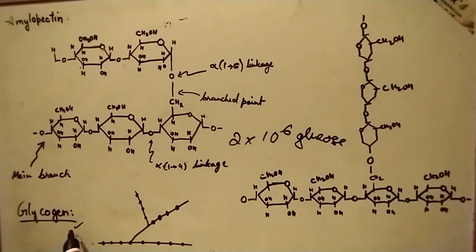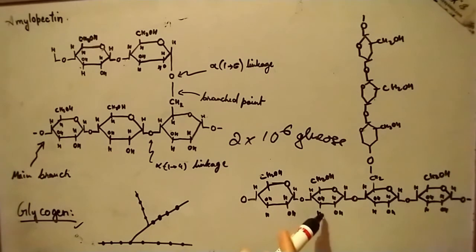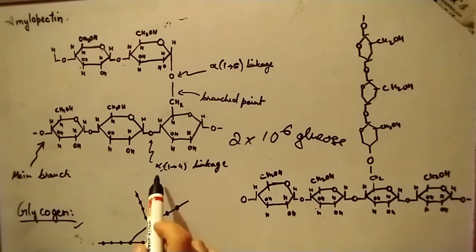Glycogen is another very important storage polysaccharide in animal cells. Structurally, if you take a look at the structure of glycogen, it is very much similar to that of amylopectin.